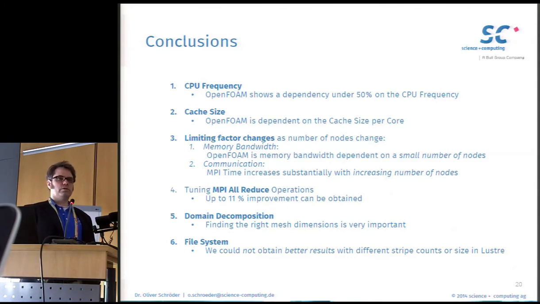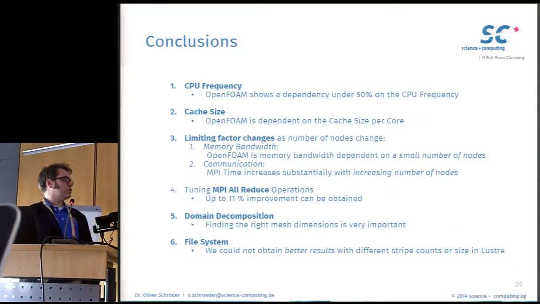So there is no real ideal way that you can say, well, choose a really small cluster, choose a really large cluster. Sometimes if your cluster is big enough that you don't run into any of your bottlenecks, then you can just increase your cluster size and the computation time goes down, but here you're bitten by one or the other problem. Tuning MPI reduce operations is really fruitful because you get 10% by setting an environment variable.